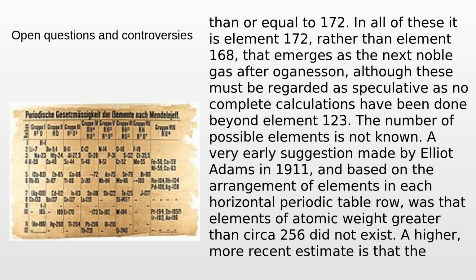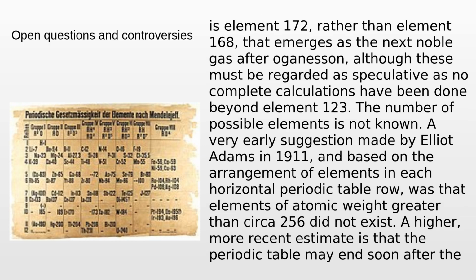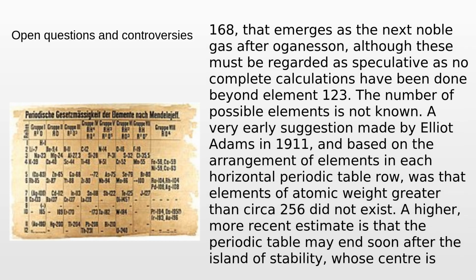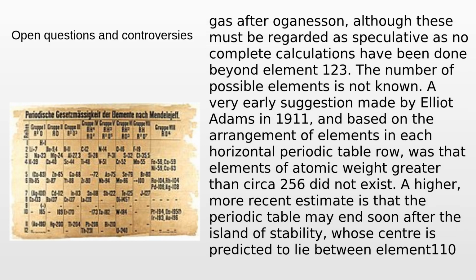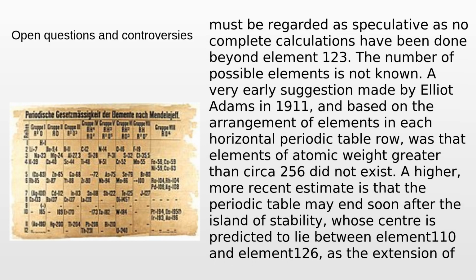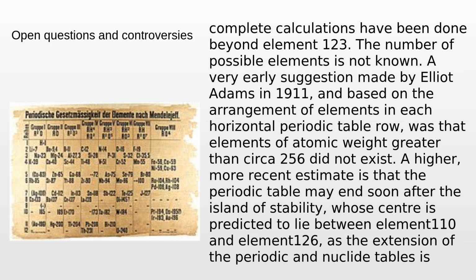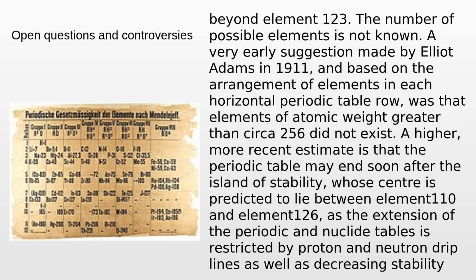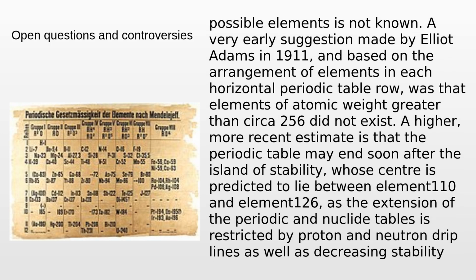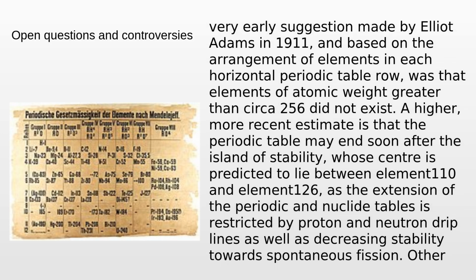In all of these it is element 172, rather than element 168, that emerges as the next noble gas after oganesson. Although these must be regarded as speculative, as no complete calculations have been done beyond element 123. The number of possible elements is not known.